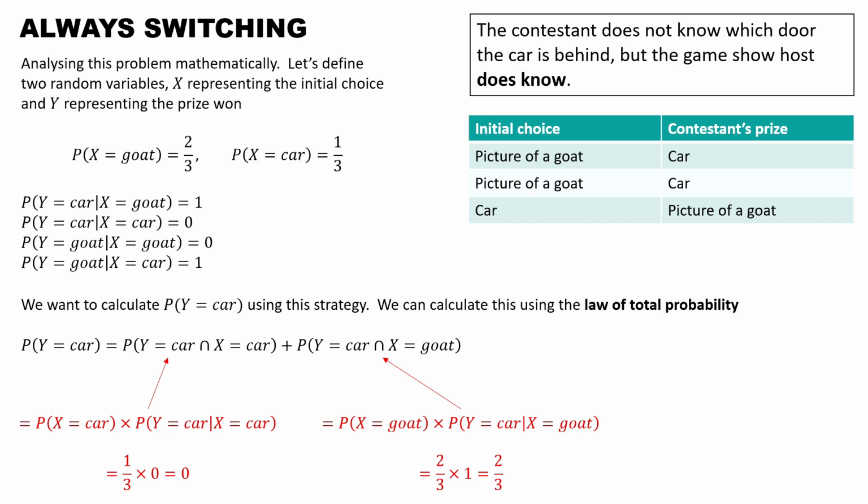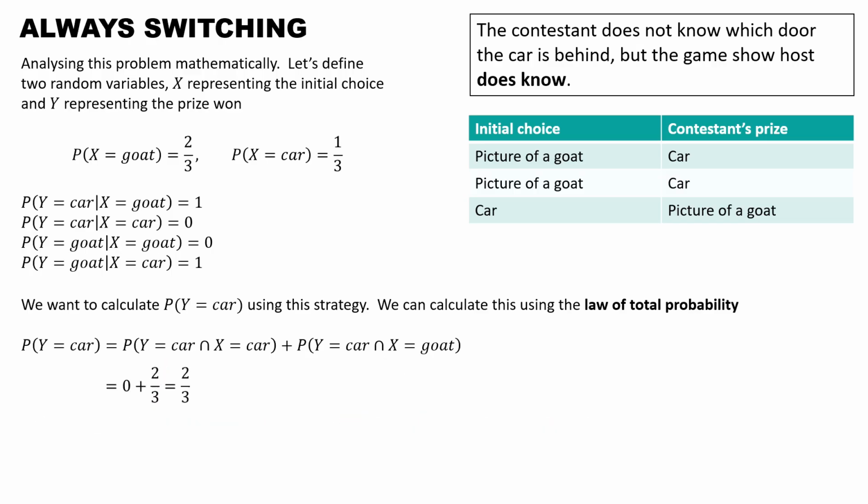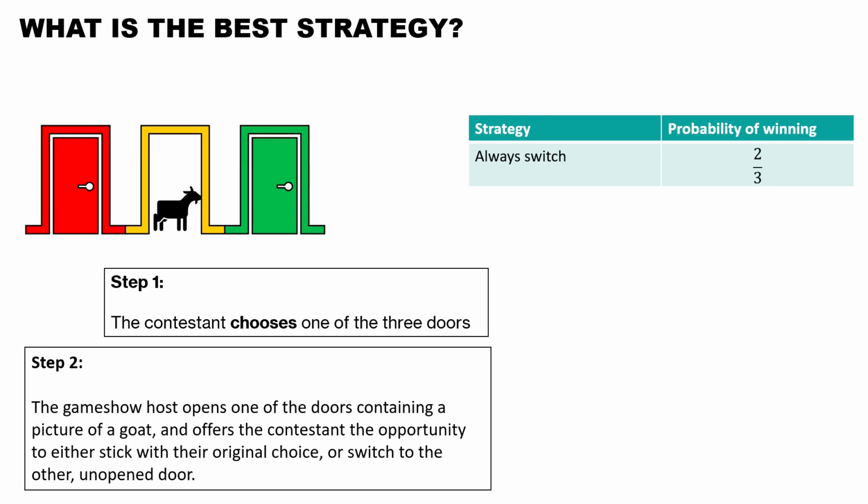So we can use this to calculate the probability of winning a car as going to be equal to 0 plus 2/3, which is equal to 2/3. So we've just shown that if our strategy is to always switch, then the probability of winning the car is going to be equal to 2/3.